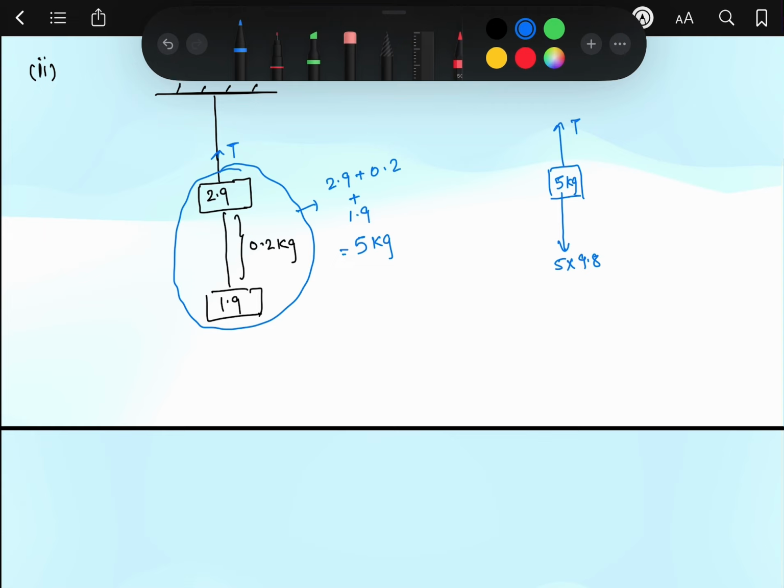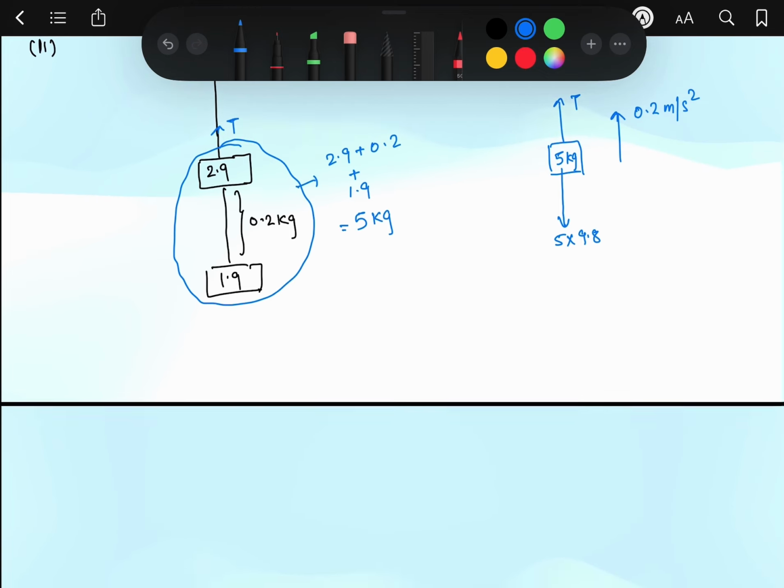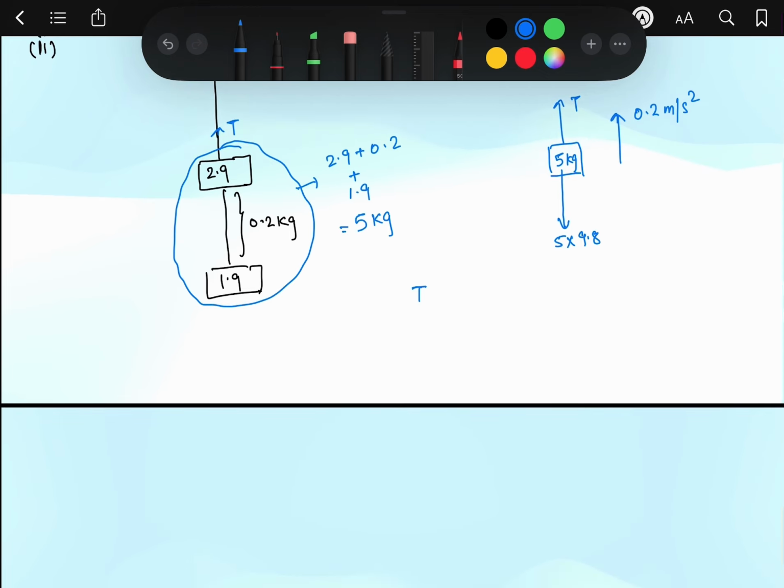Here g we have to take as 9.8, and this whole system is moving upward with an acceleration of 0.2 meter per second square. So if I write the equation of motion again, then upward force T minus the downward force 5 into 9.8 is equal to 5 into the acceleration of this body in the upward direction, that is 0.2 meter per second square.